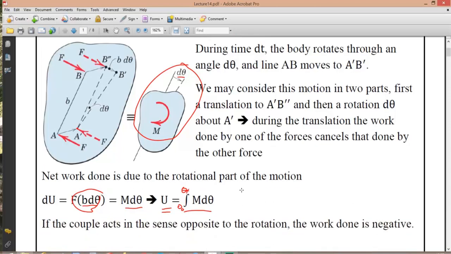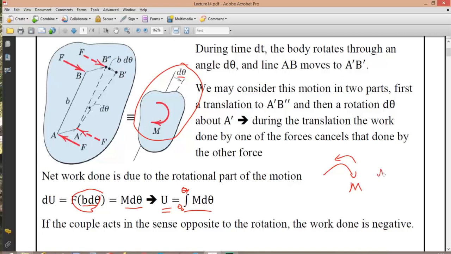And if it happens that although there's this moment in the clockwise direction, the motion happens in the counterclockwise direction, then the work done by this moment would be a negative work. For example, we could have torsional springs.